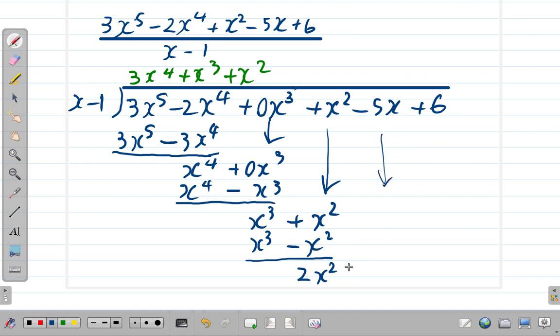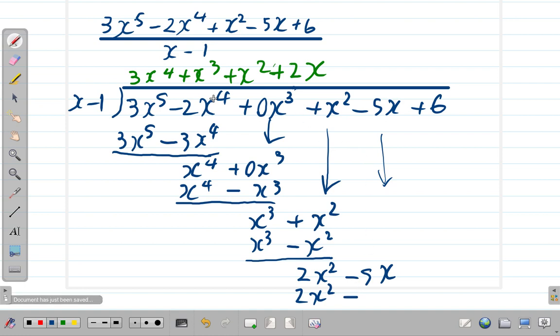Bring down the negative 5x. x into 2x squared will go positive 2x. 2x times x will give you 2x squared, right?